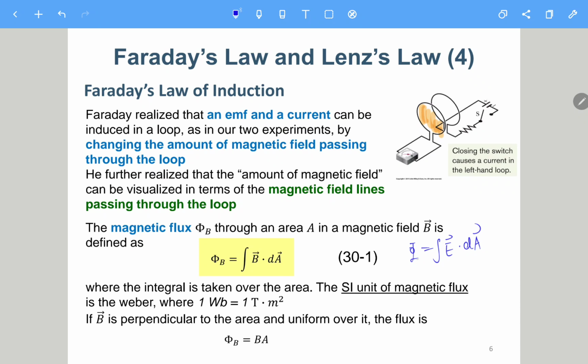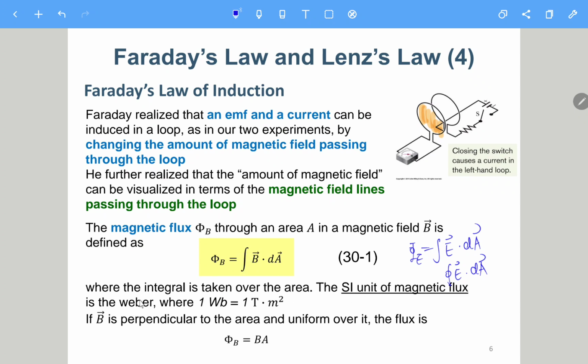If we don't have a circle, it is the total flux. And if we have a circle here, it becomes the net flux for a closed surface. But here we don't necessarily have a closed surface. This is just a surface, not a closed surface. So here we only have the integral sign without a circle.